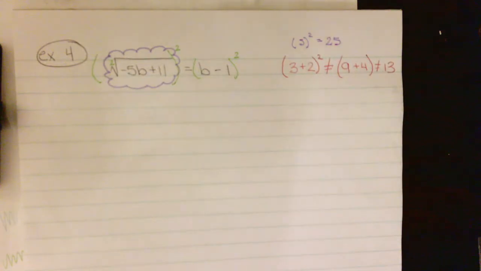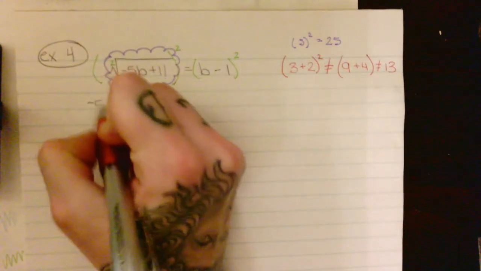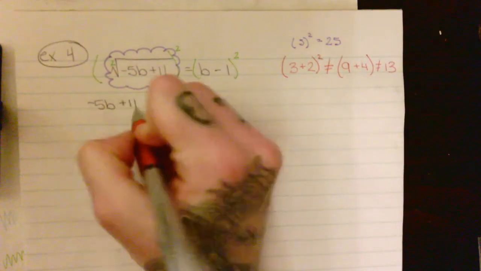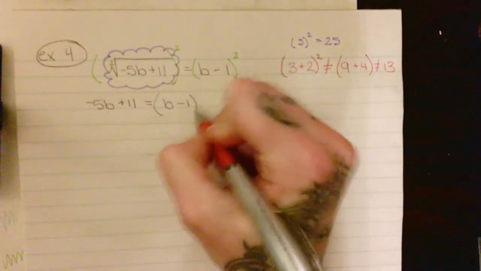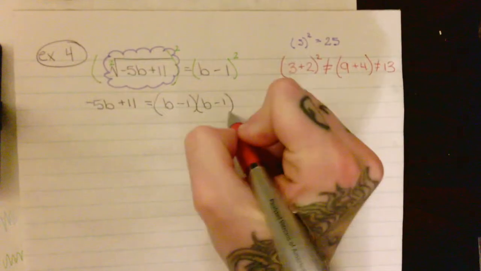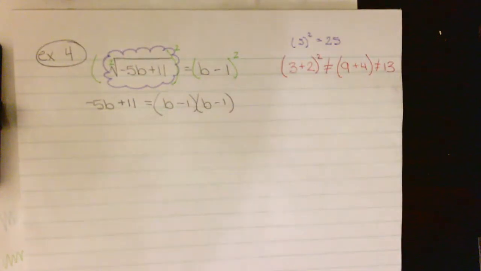For the same reason that I can't do that, when I square this radical sign, I'm going to be left with just the radicand. But on the right side, I need to do b minus 1 times b minus 1.